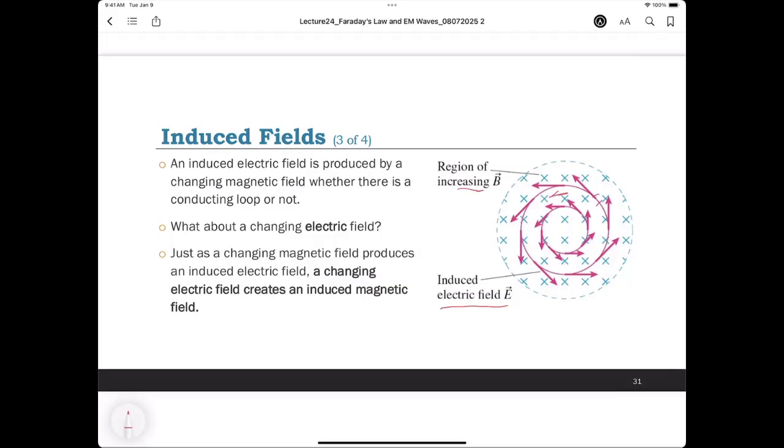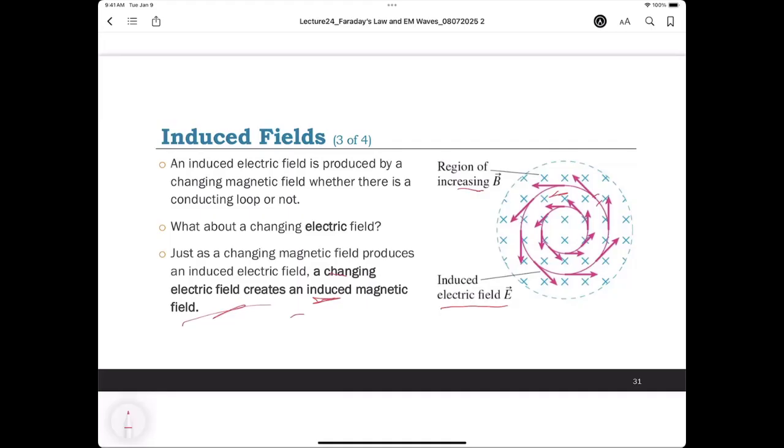What about a changing electric field? If we change an electric field, is there an induced magnetic field? What do you think? Just as a changing magnetic field produces an induced electric field, a changing electric field creates an induced magnetic field. It's interesting, it's amazing, am I right?